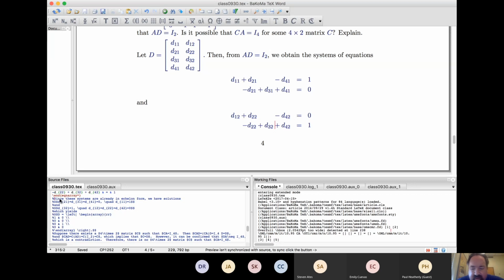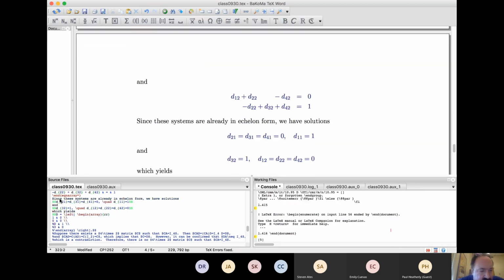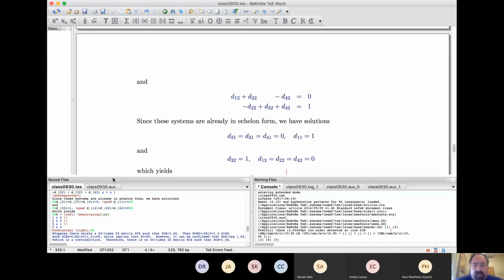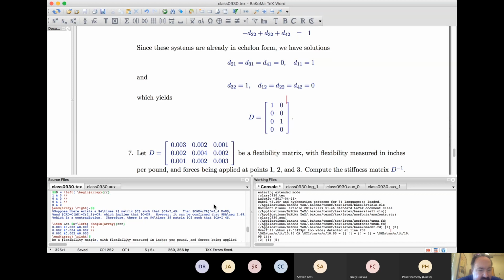All right, so this is the matrix D that works. So if you multiply it on the right with A, you'll get the identity. Now the question asks, is it possible to find any matrix that you can multiply with A on the left and get identity?